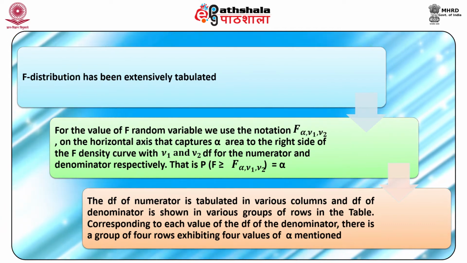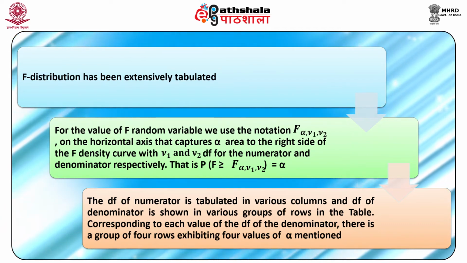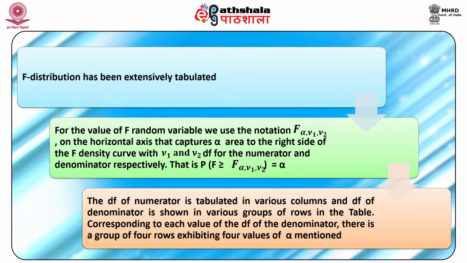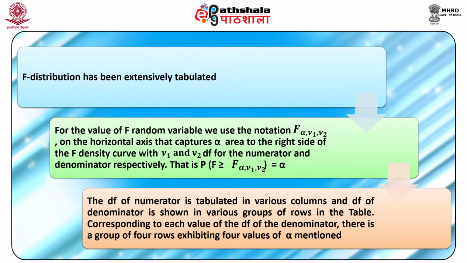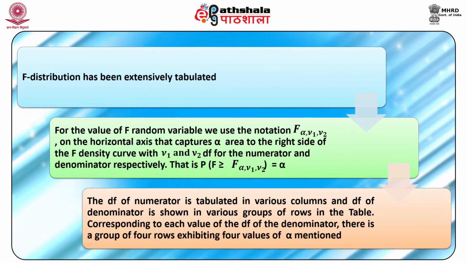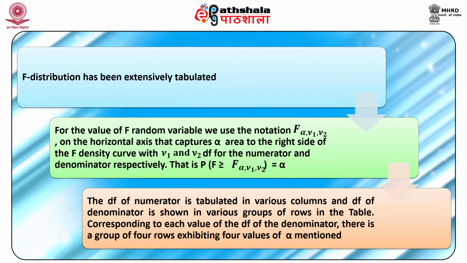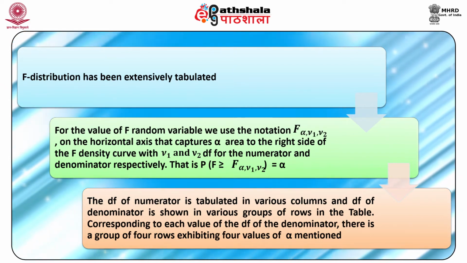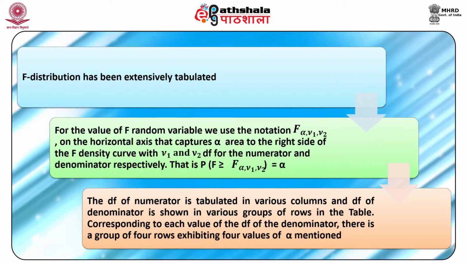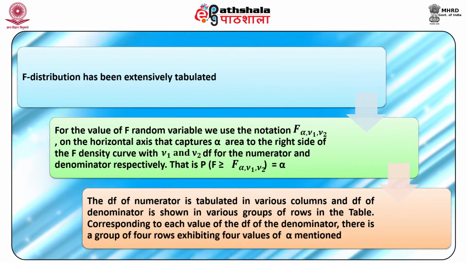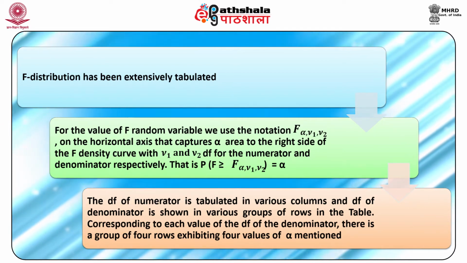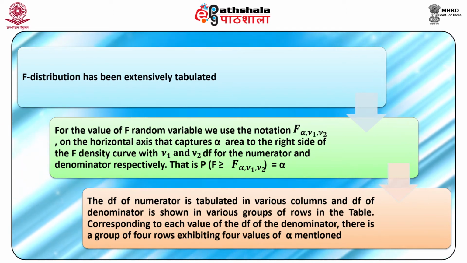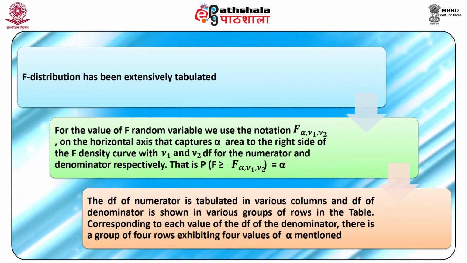Table A4, titled critical values for F distribution, tabulates this value of F alpha with nu1 and nu2 degrees of freedom for 4 values of alpha, which are 0.10, 0.05, 0.01 and 0.001, and for various values of nu1 and nu2. The degrees of freedom of the numerator are tabulated in various columns, and the degrees of freedom of the denominator are shown in the various groups of rows in the table.